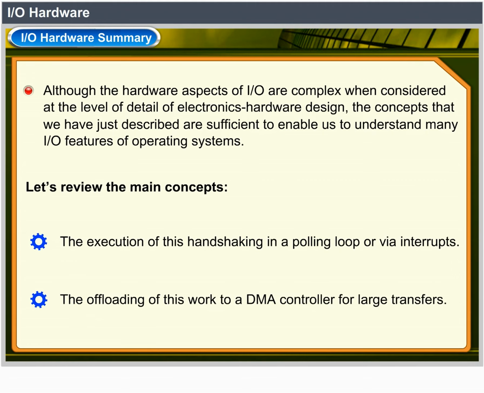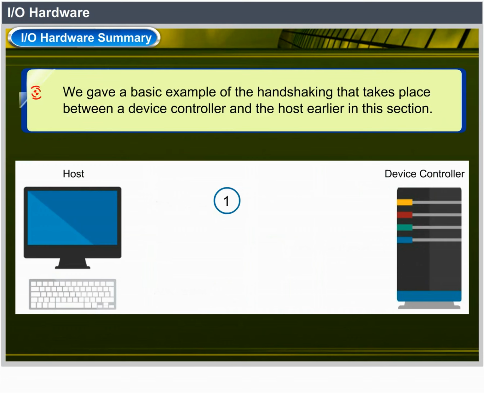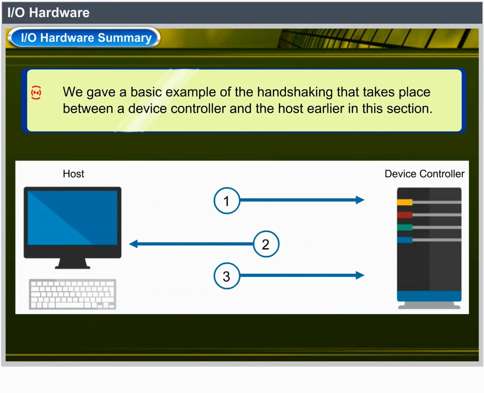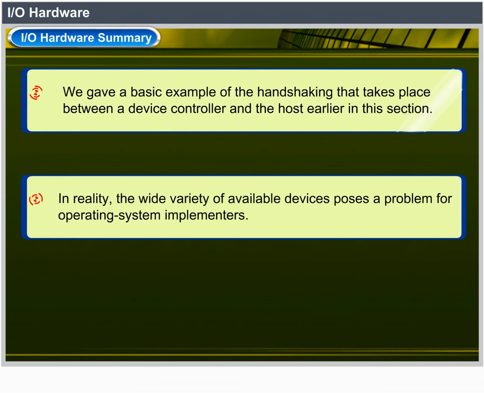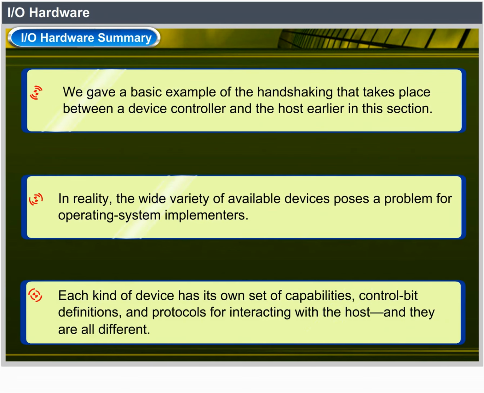We gave a basic example of the handshaking that takes place between a device controller and the host earlier in this section. In reality, the wide variety of available devices poses a problem for operating system implementers. Each kind of device has its own set of capabilities, control bit definitions, and protocols for interacting with the host, and they are all different.